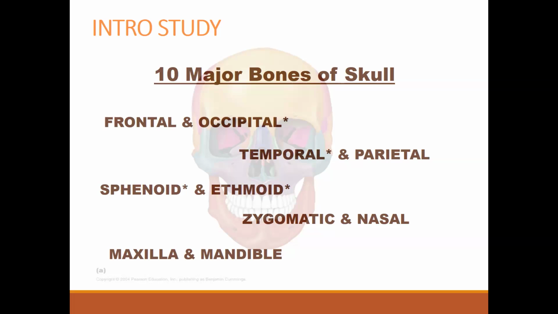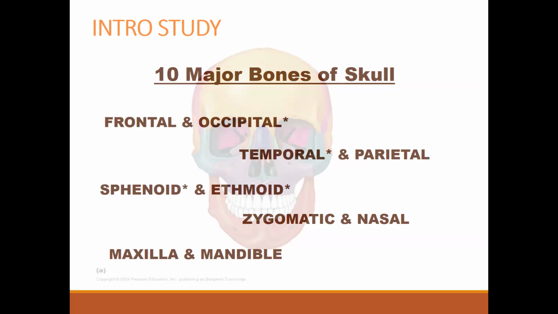Now the easier ones, maxilla is above the mouth, mandible below the mouth. Mandible is the jaw. Maxilla is the roof of your mouth. Mandible is the bottom. And then we missed these two. Zygomatic is the cheekbone. Nasal, of course, is the upper part of your nose, the hard part, not the bendable part.